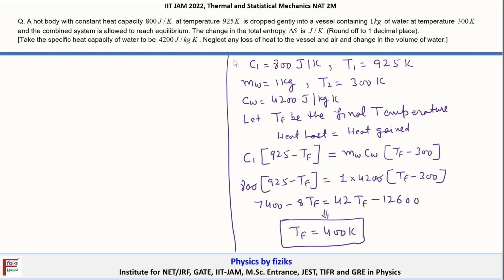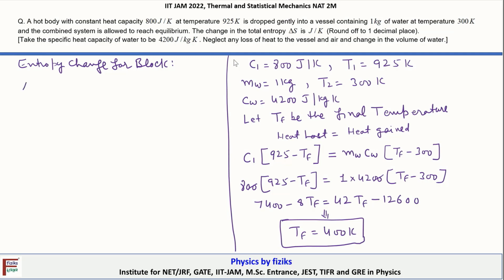Now we have to evaluate the corresponding entropy change for the individual systems, and by adding those two quantities, that will give us the required value of delta S. So now let's evaluate the entropy change for the block. For the block the temperature is changing from the initial value, 925, to a final value TF, which is 400 Kelvin.